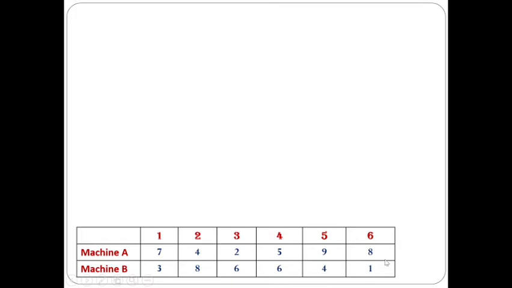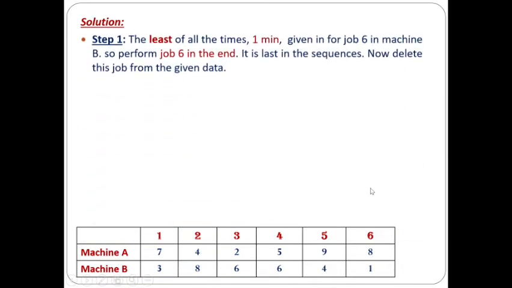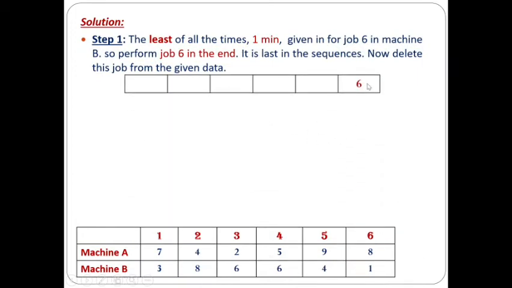So this is on machine B. If the least processing time is on machine B, we have to schedule that particular job in the last available position. So we have 1, 2, 3, 4, 5, 6 available positions.